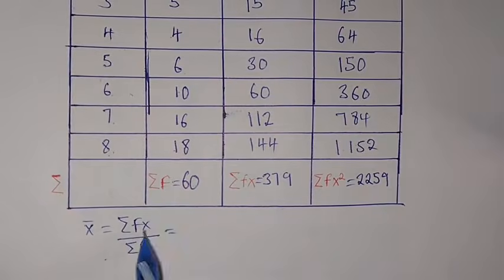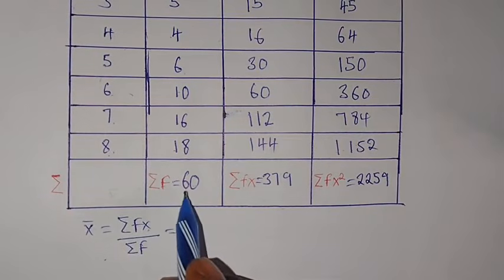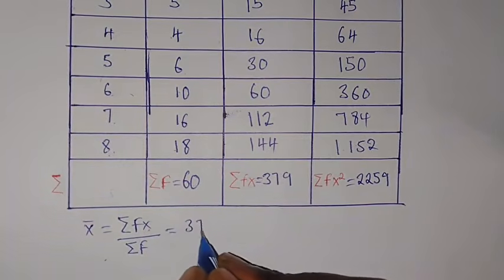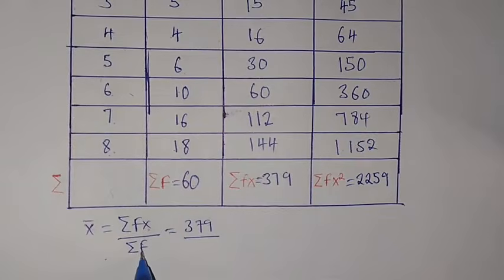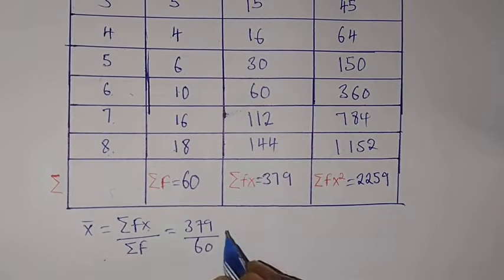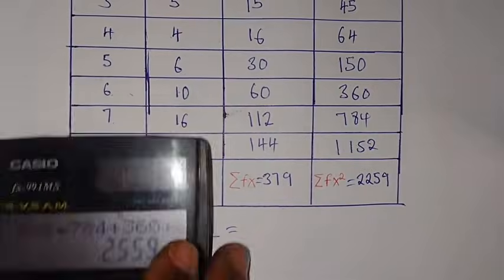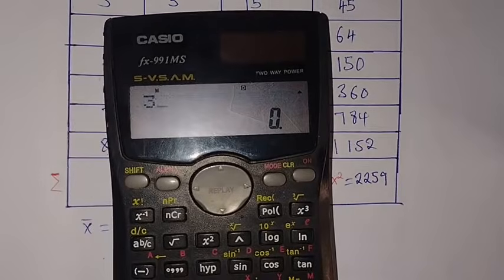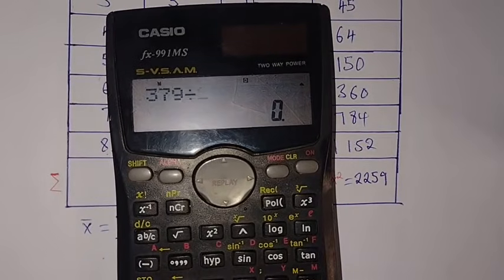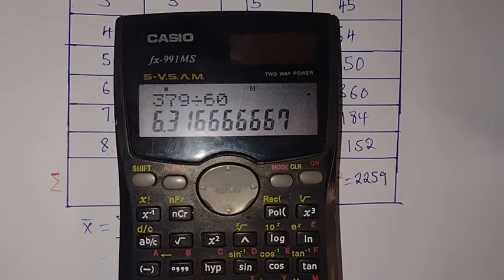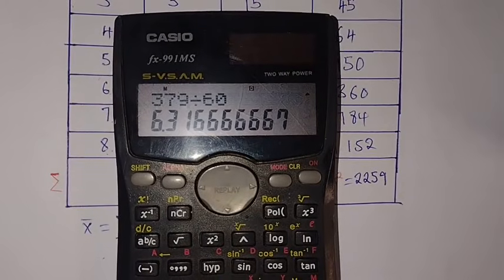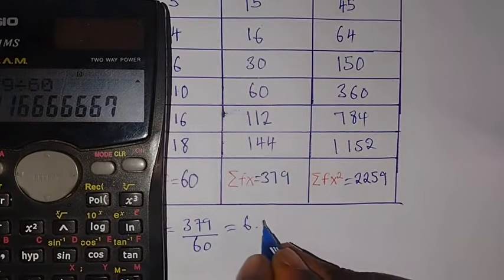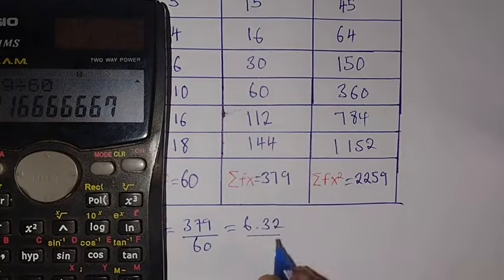So our summation of fx is this one right here, which is 379, over summation of f, which is 60. So just divide 379 divided by 60. We can leave our answer correct to 3 significant figures. So it will be written as 6.32. So this is our mean.